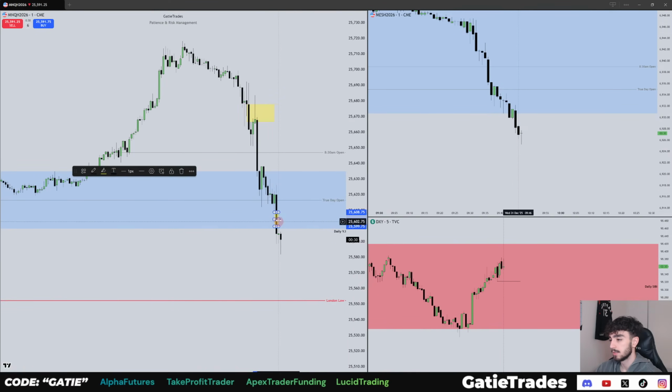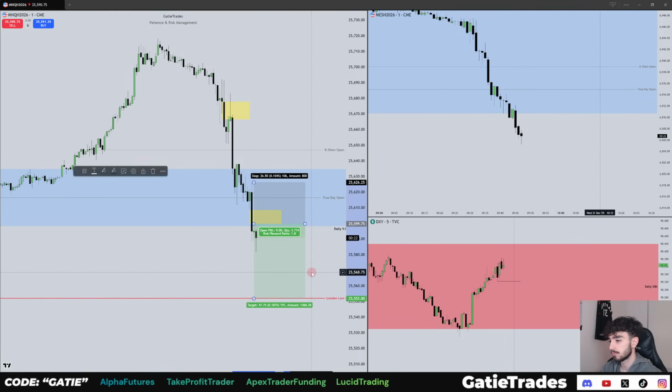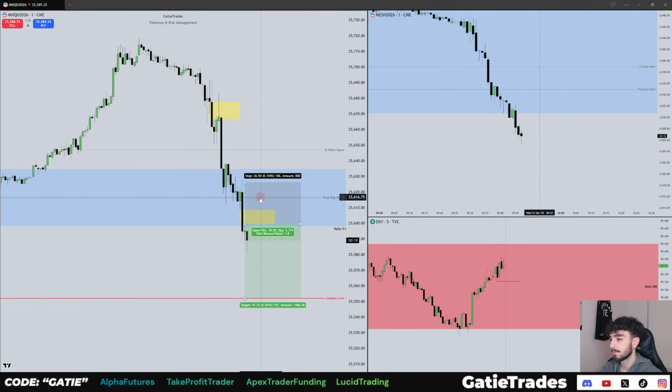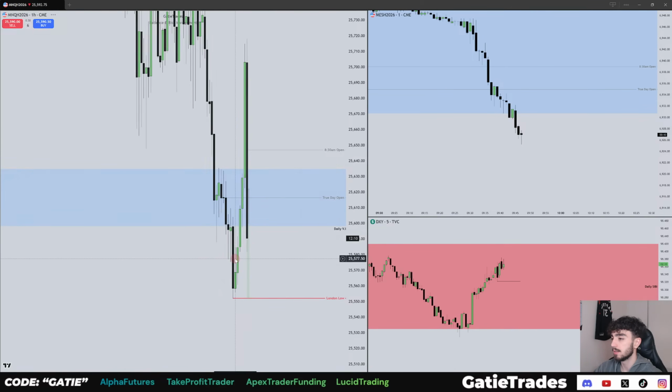I don't mind even something like this, 0.8R, something like this actually. Yeah, I mean that's not the worst trade.